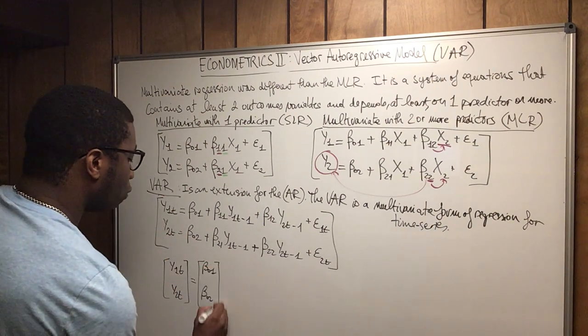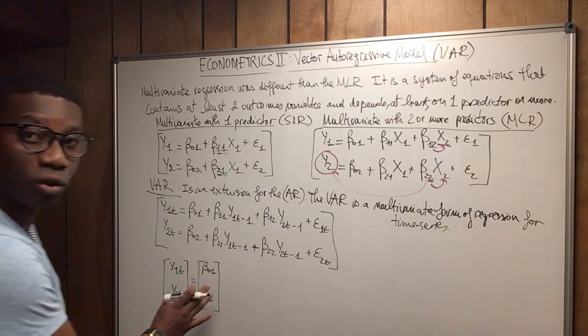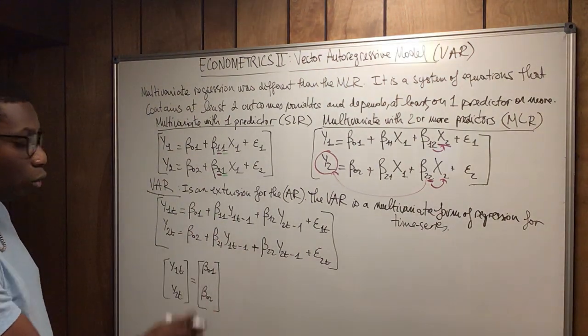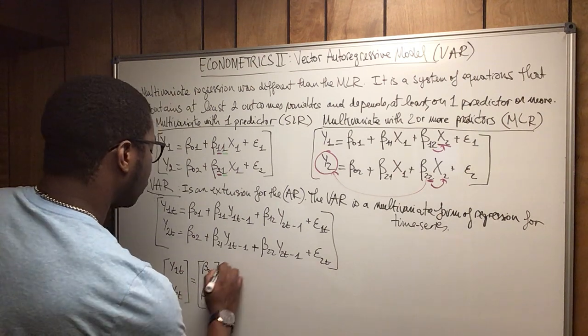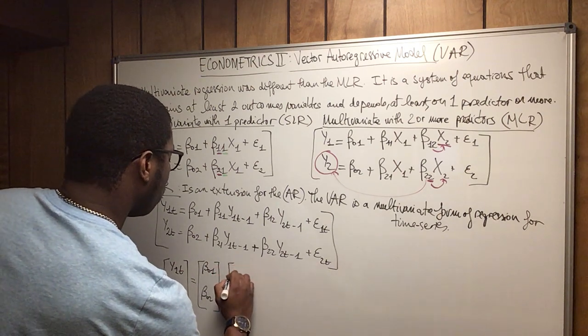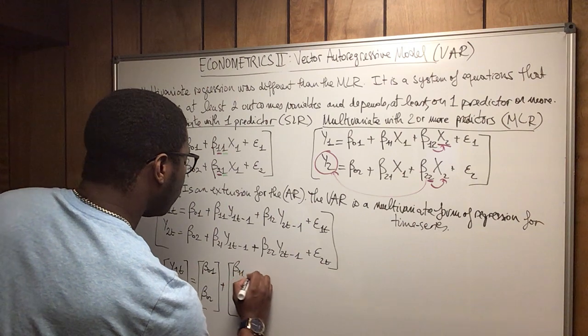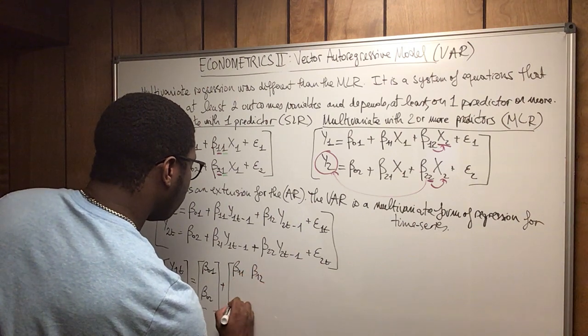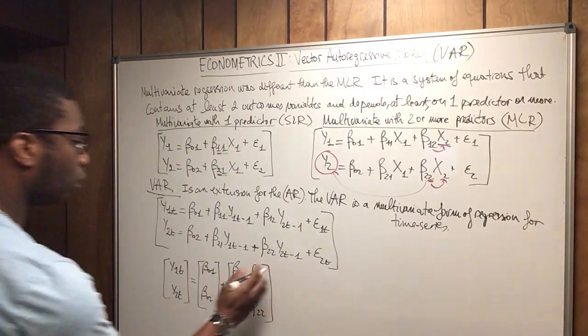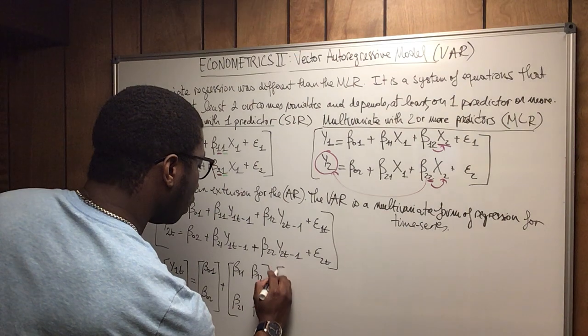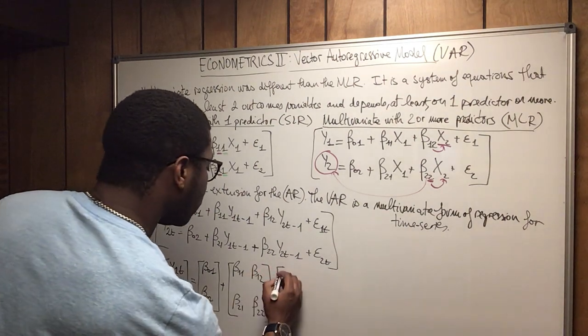So these are the fixed parameters. They go into their own column of the matrix. Plus, then you write beta 11, beta 12, beta 21, beta 22. They go in their own row and column, in their own matrix, should I say.